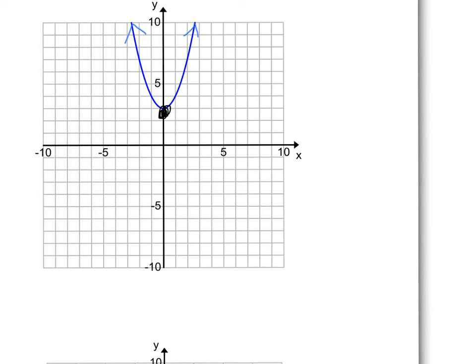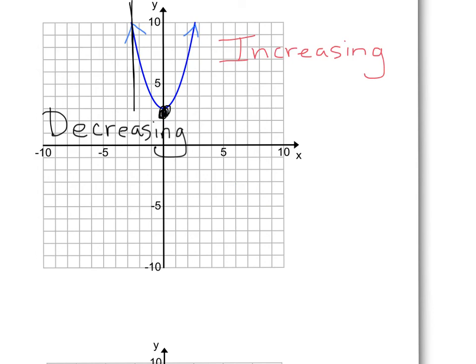So, on the left, we're starting up high on the left and lower on the right. So that is decreasing. And on the right, we're starting at the bottom, we end up higher. So on the right, we will be increasing. Okay, so let's give the values. On the left, we have an arrow.